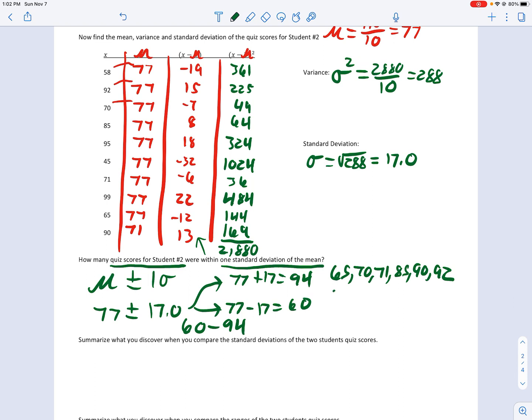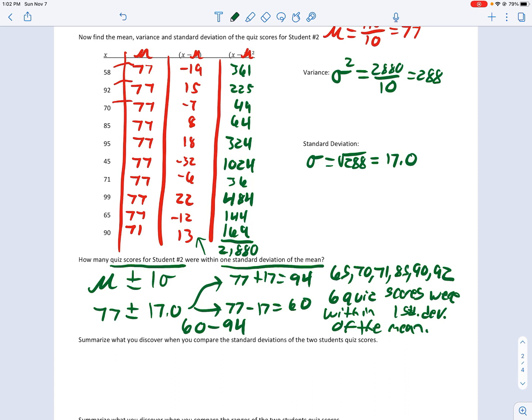So that means there are 6 quiz scores within one standard deviation of the mean.